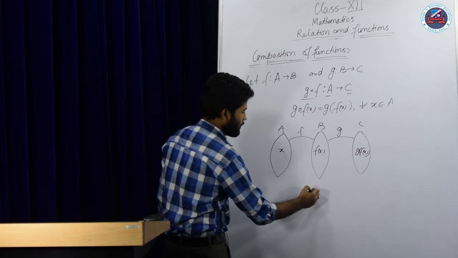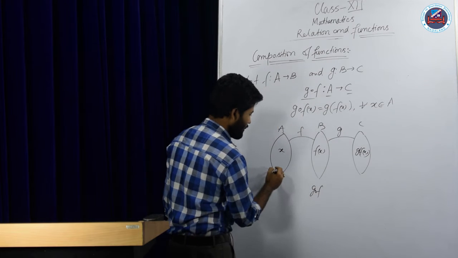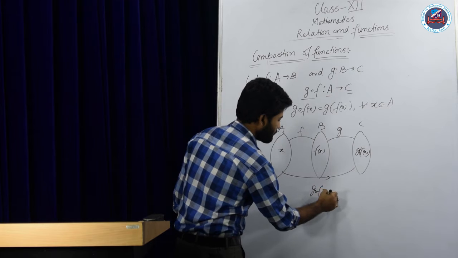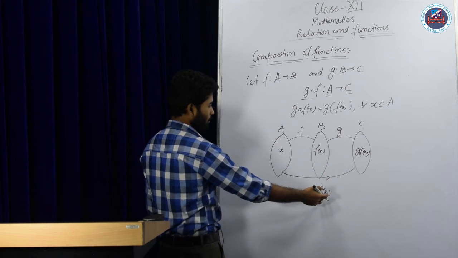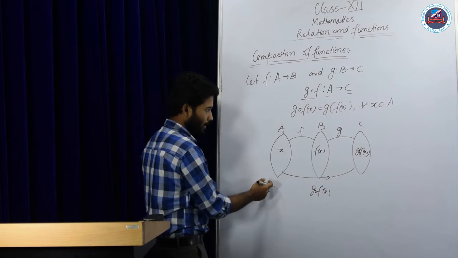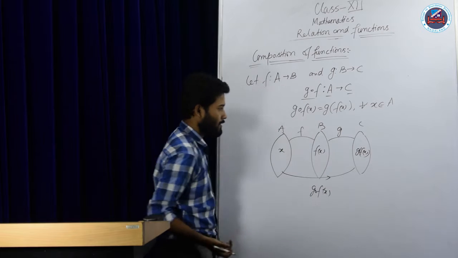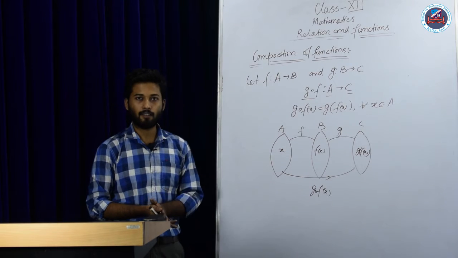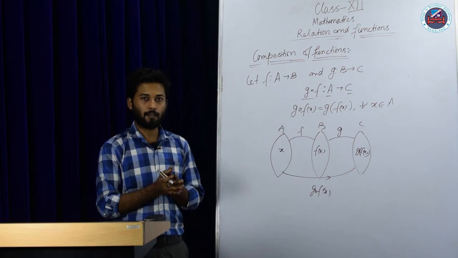So our g of f is a function from A to C, where the domain is A and the codomain is C, clear? Using this composition of functions, we shall solve a few examples.